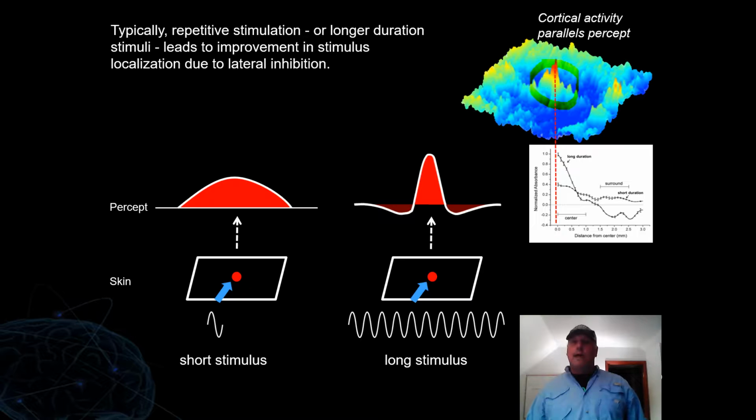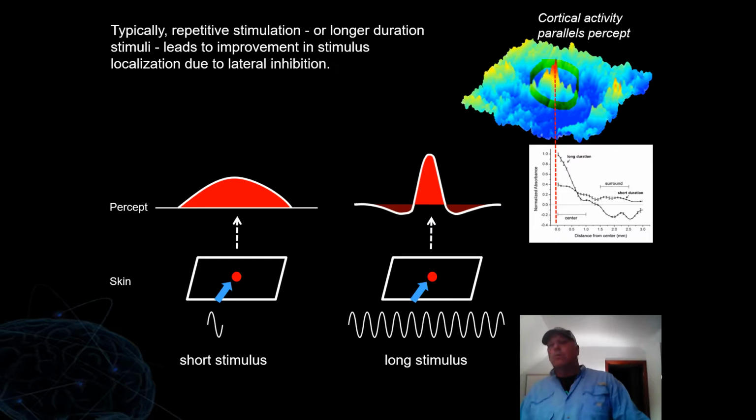You notice that red dot, that peak, is surrounded by an area of inhibition. And so when you deliver long repetitive stimulation, you get this nice peak, and basically all the neurons around the most active neuron get much weaker. That's a lateral inhibition process.